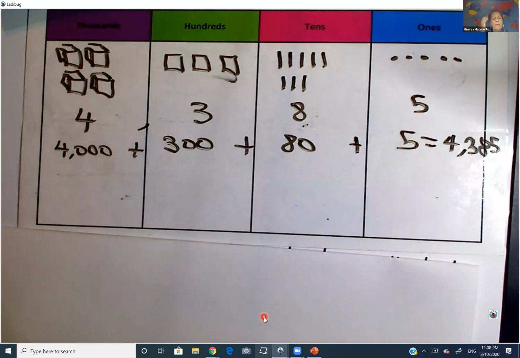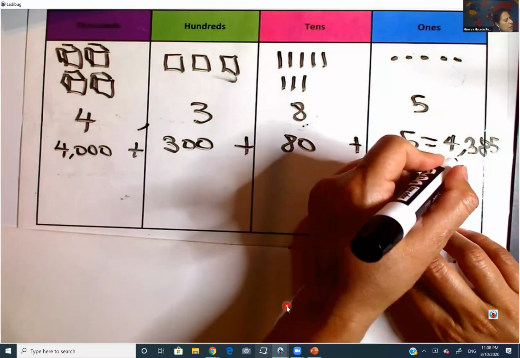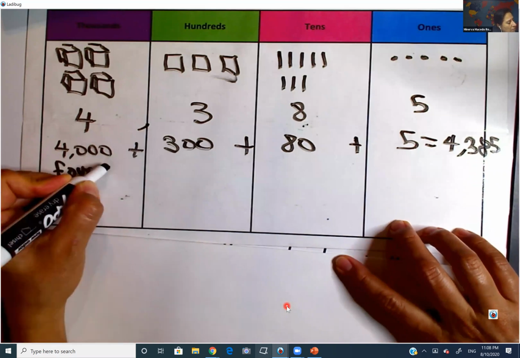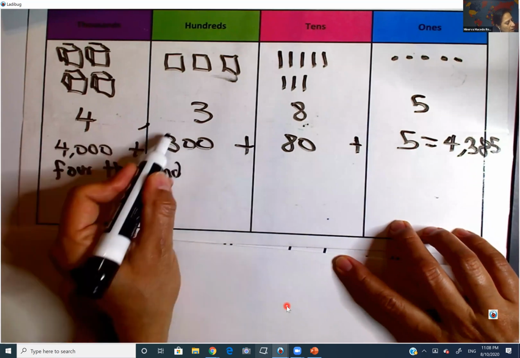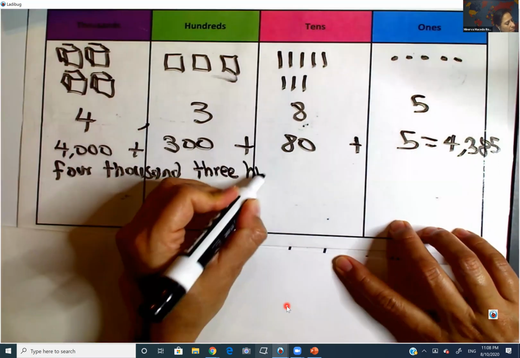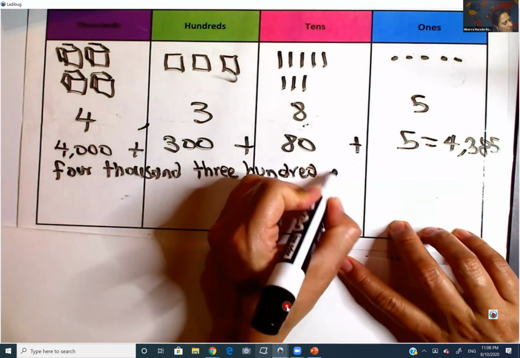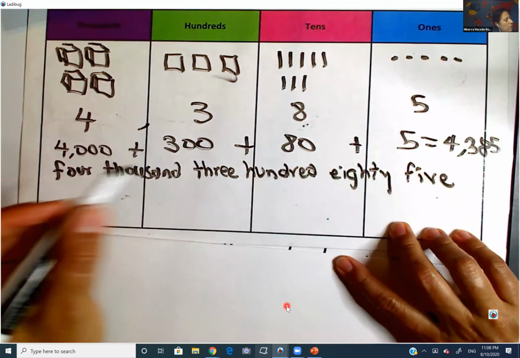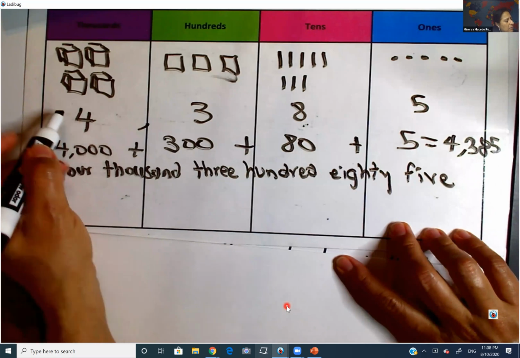Now let's do the word form. The word form is easy because you use the same numbers in the expanded form to make the word. So this is 4,000. Now let's go for 300. 85. Now this is the word form, this is the expanded form, and this is the standard form.